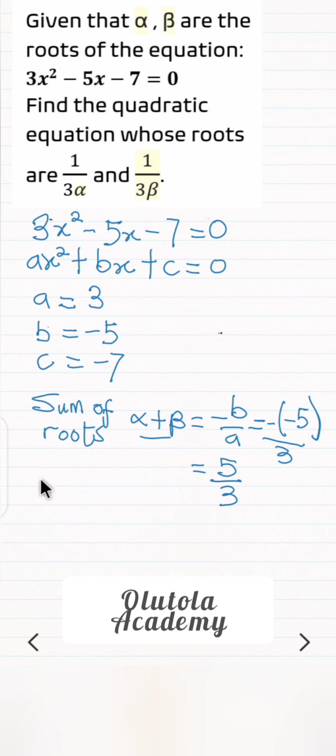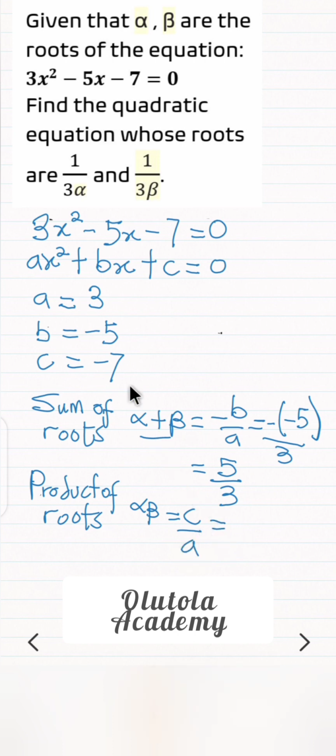Then the product of roots, alpha beta, is c over a, and our c is minus 7 and our a is 3.